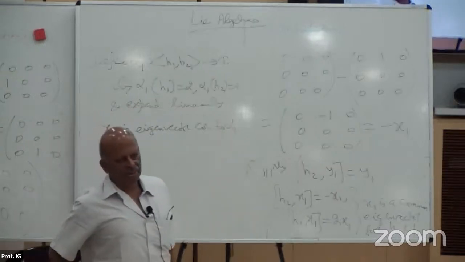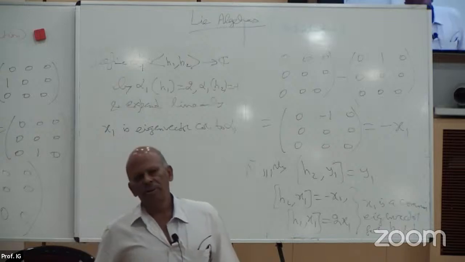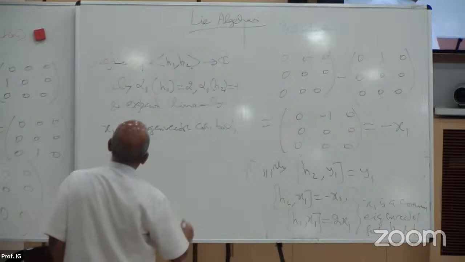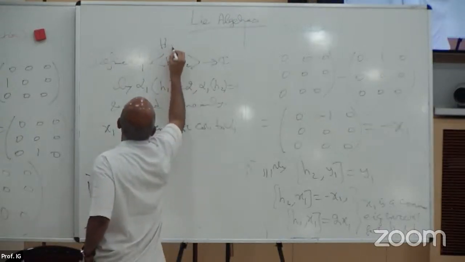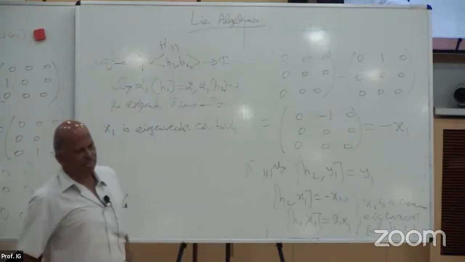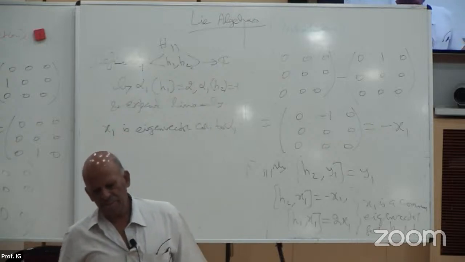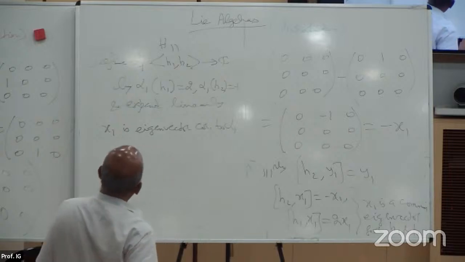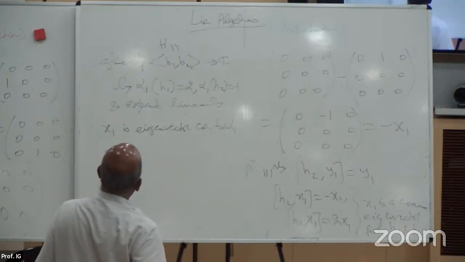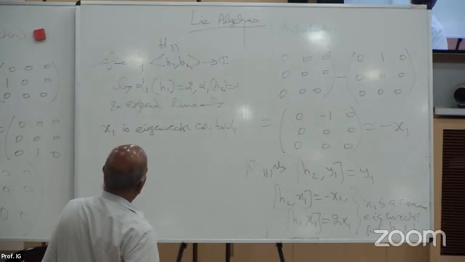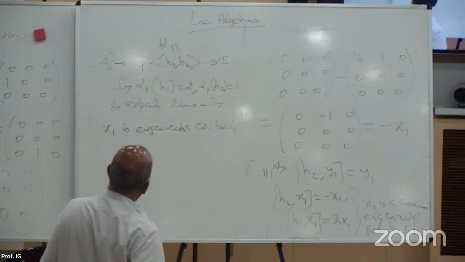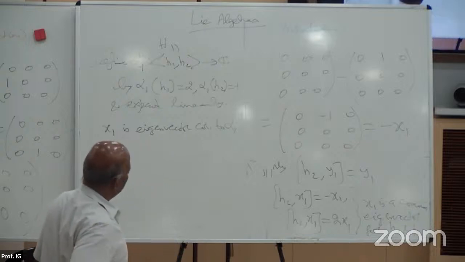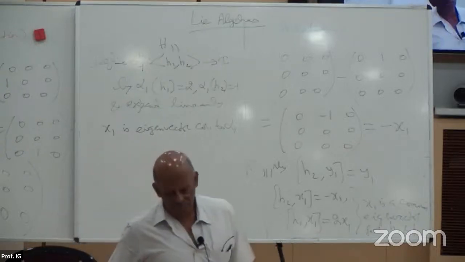Suppose I call capital H the subspace generated by all the diagonal matrices, and we are looking for an eigenfunctional. Alpha 1 of H1 is 2, alpha 1 of H2 is -1, and then we can expand it linearly. What we say is that X1 is an eigenvector corresponding to alpha 1.